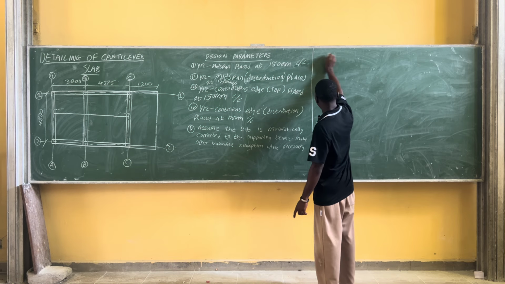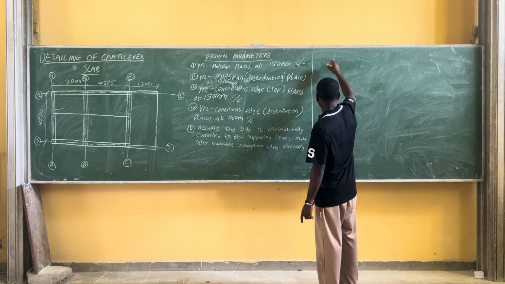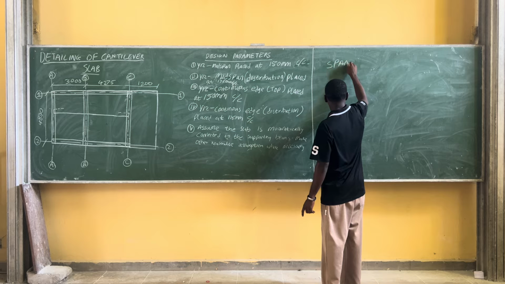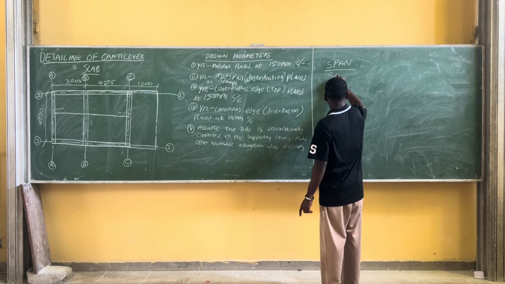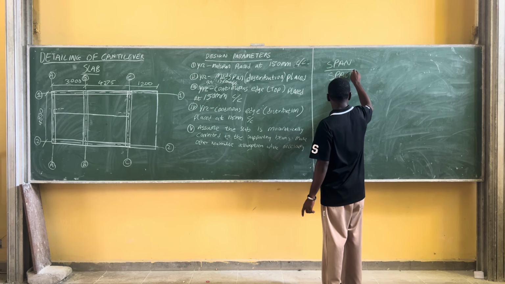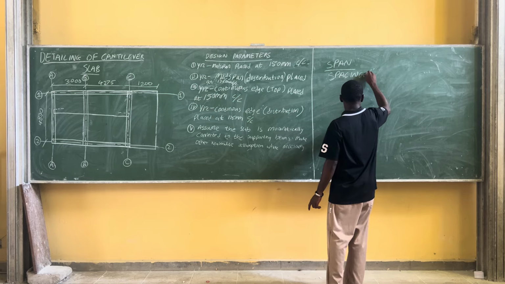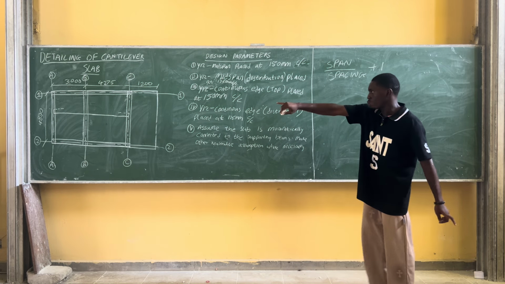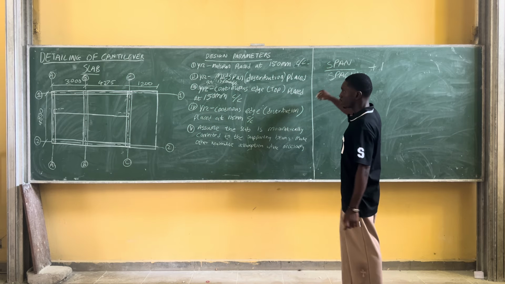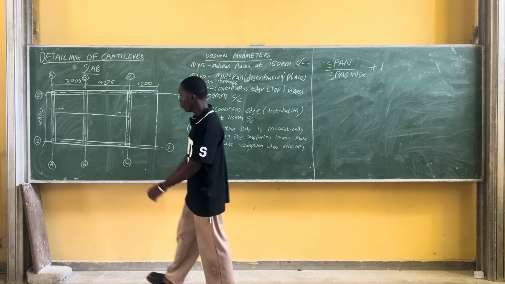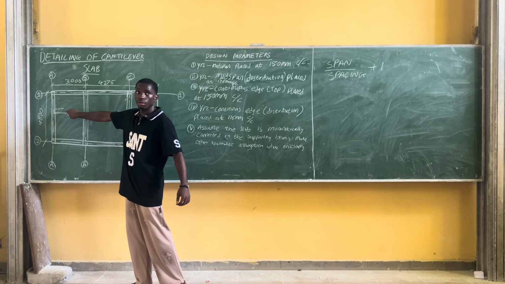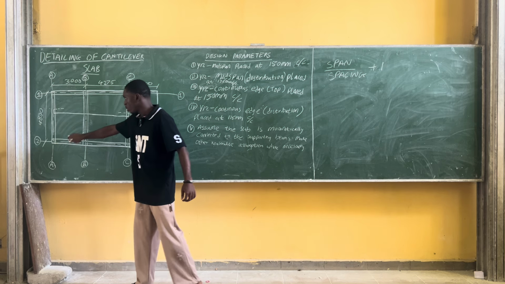Okay, let me write down the formula for you. The span over the spacing, plus 1. That will give you our main distribution bar that is running across this slab. Now the span given was 4,800, because it's running vertically, because this reinforcement is running top to down.